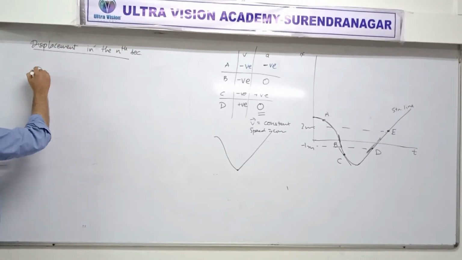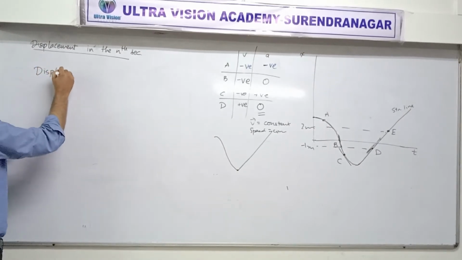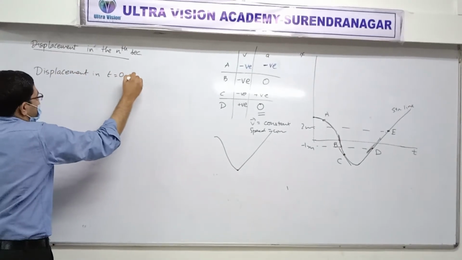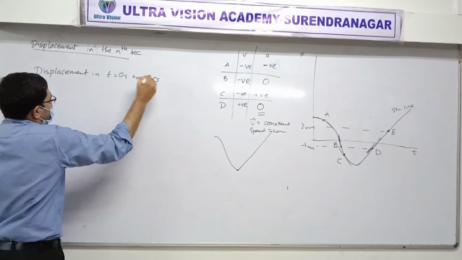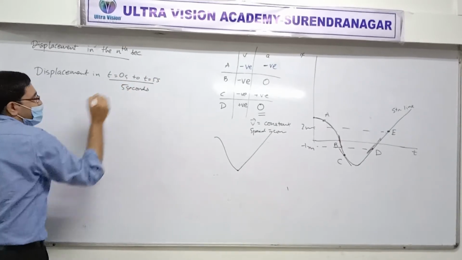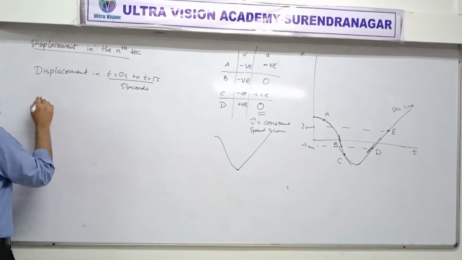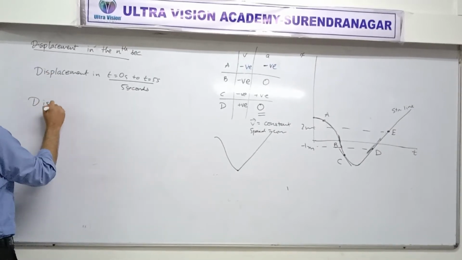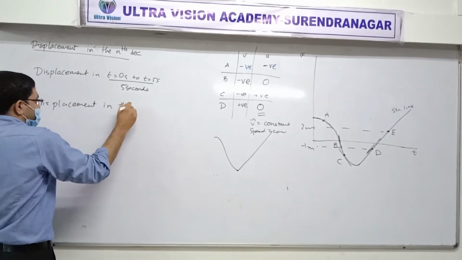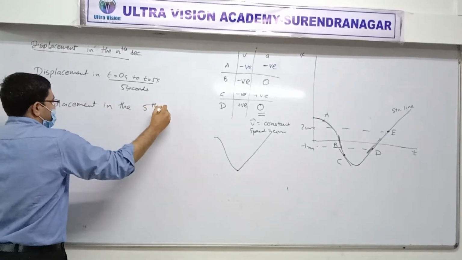Suppose some object is moving and we find displacement from t equal to 0 second to t equal to 5 seconds. So this is called displacement in 5 seconds. Yes or no? Okay. But that's not what this topic is. This topic is displacement in the 5th second.